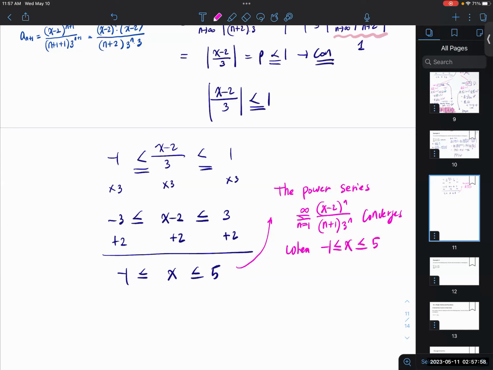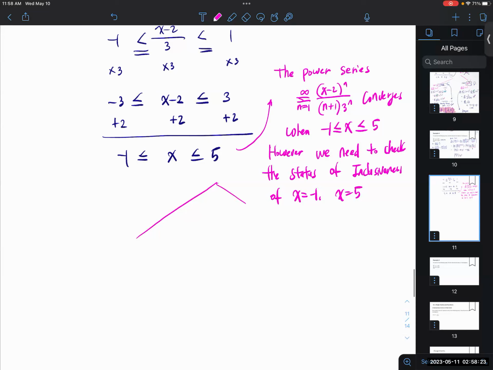But we need to check. Do we really? However, we need to check the status of inclusiveness of x equal to -1. Do we really include it?